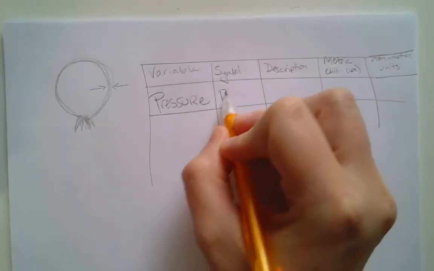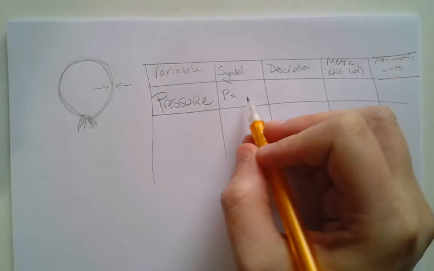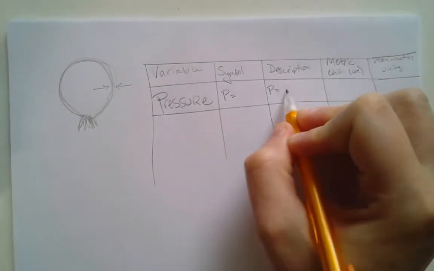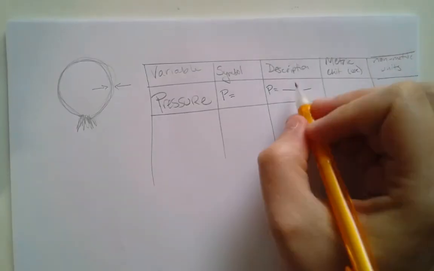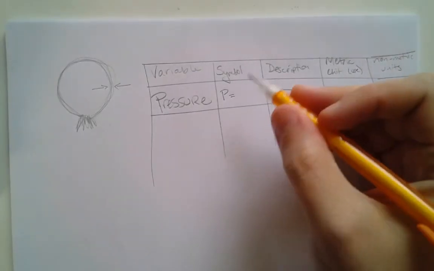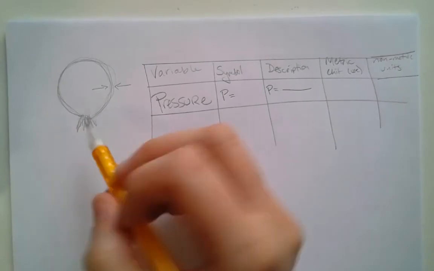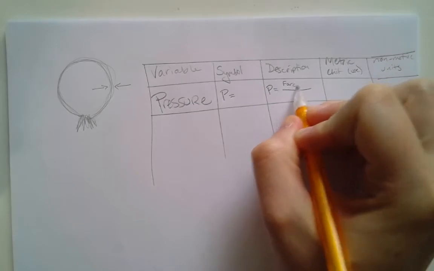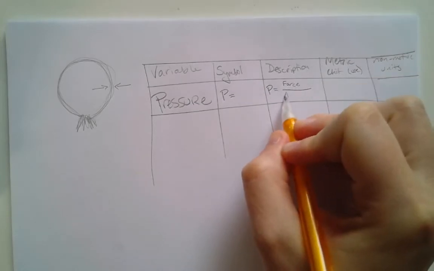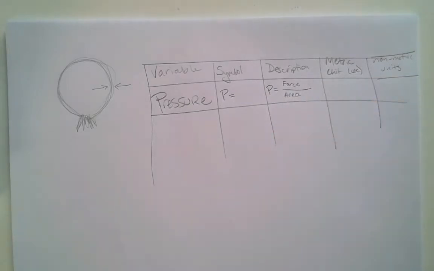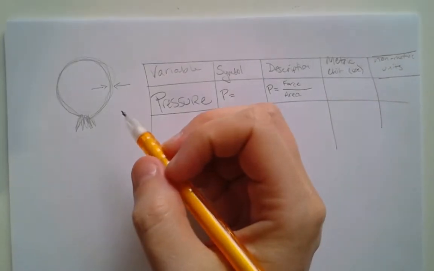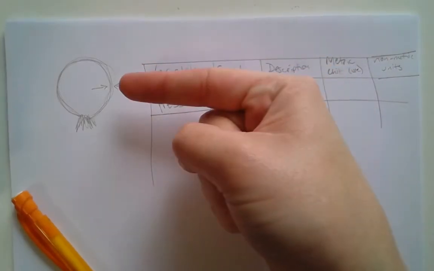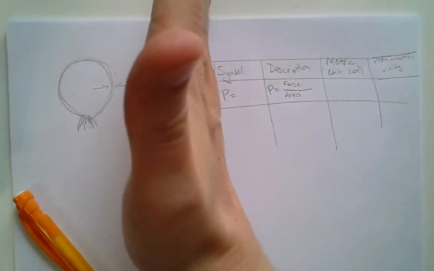Symbol is P. Don't overthink that one. If you're measuring pressure, you're going to say P equals something. P is how pokey-backy it is. How much force does your gas generate over a given area? Let's write that down. How much does it poke you back if you give it a little poke versus a bigger poke?